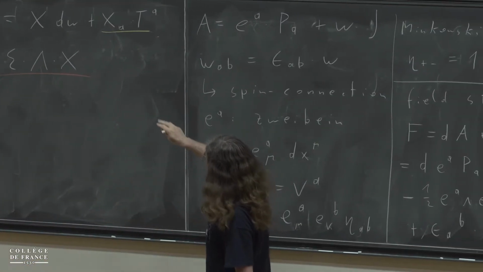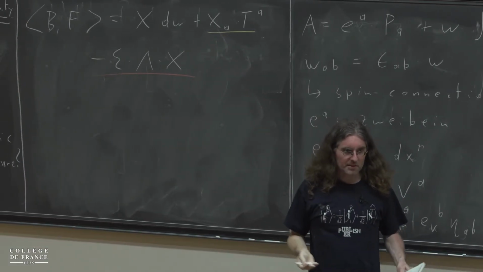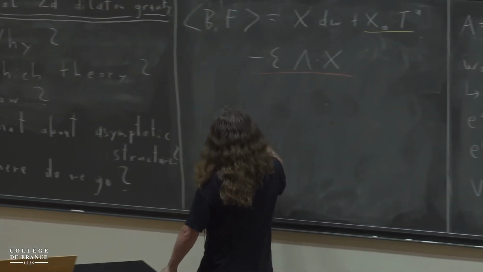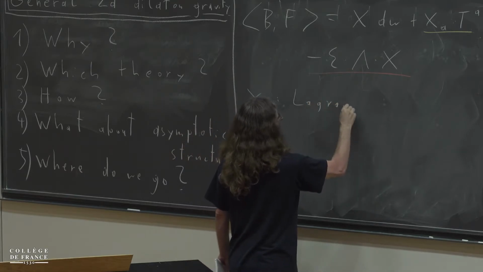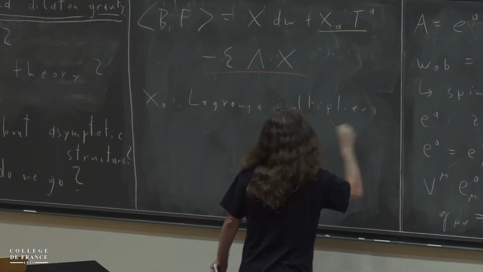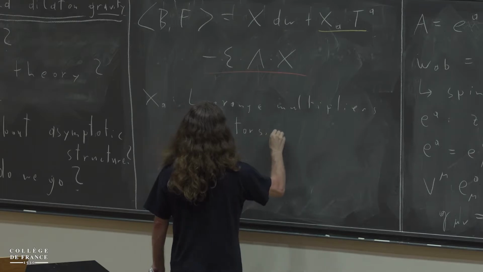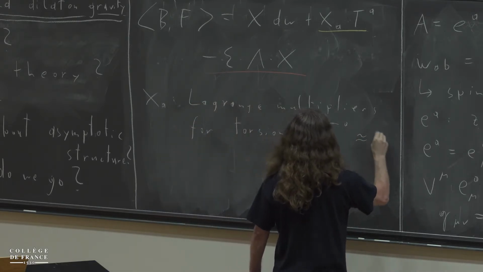Variation with respect to xa establishes that Ta is equal to 0. And that condition is the condition of vanishing torsion. So the xa have an interpretation as Lagrange multipliers for the torsion constraint. So on shell, we get vanishing torsion.